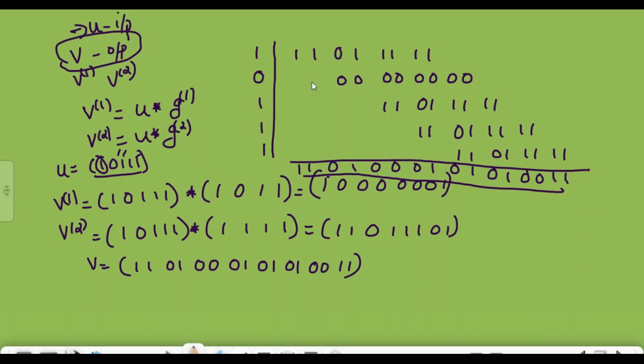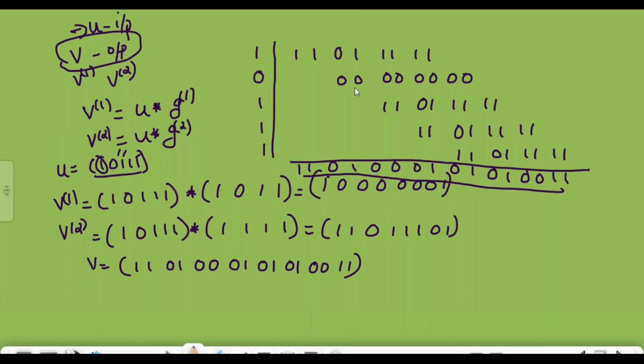If there are G1 G2 G3, we will have to shift 3 bit positions. We can find it this way.